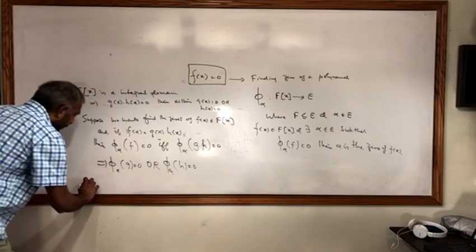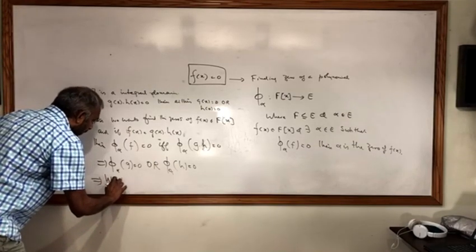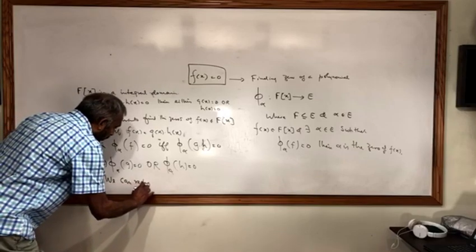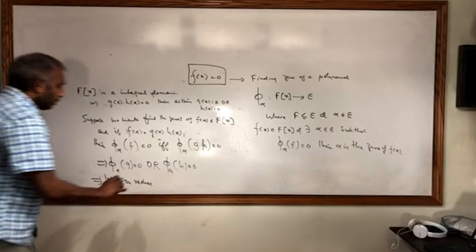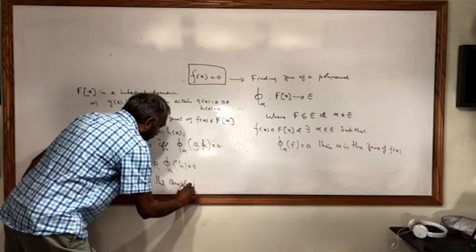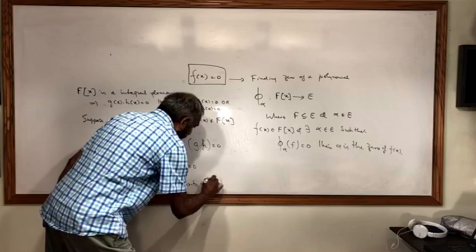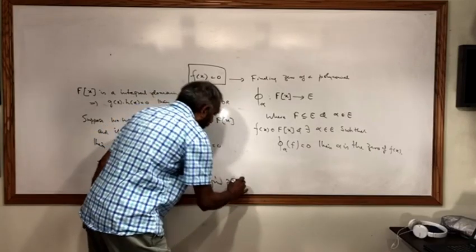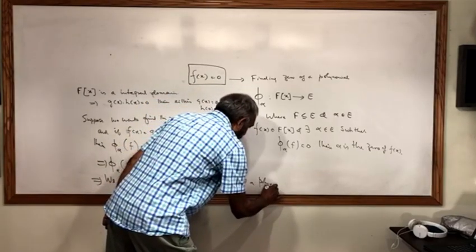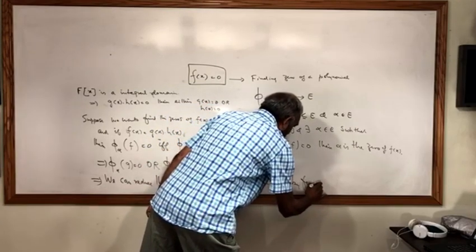Which means that we can reduce the complexity of finding 0 of a polynomial by factorizing it.